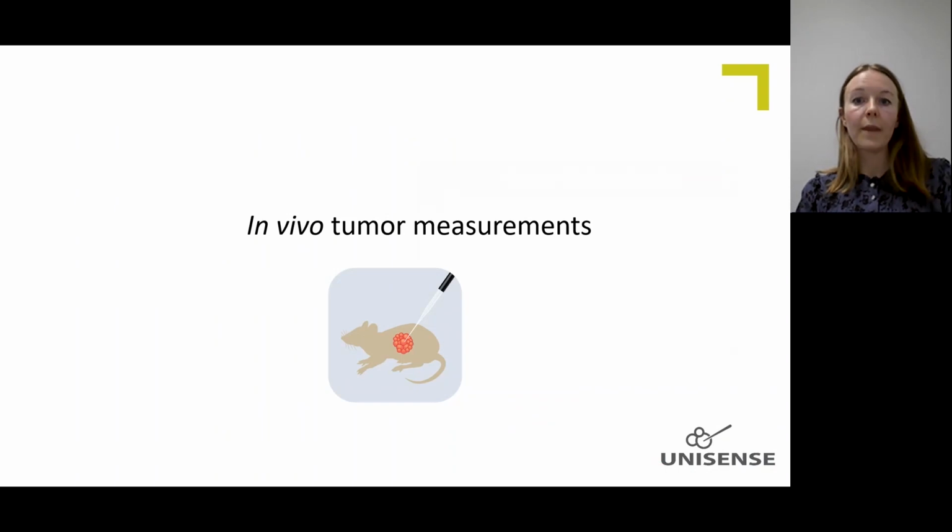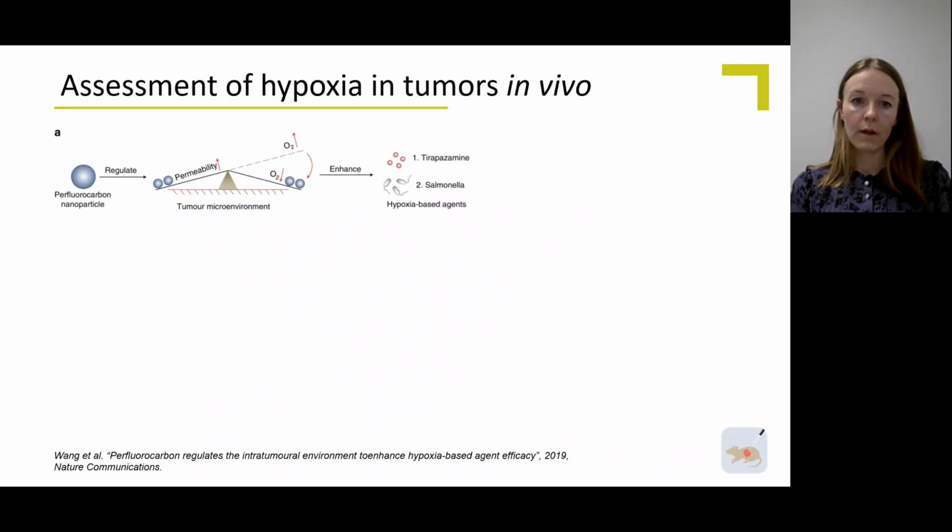Okay, now I will show you 2 studies that use the microsensors to measure in tumors in vivo. This is a study where the researchers used the oxygen microsensor to measure inside the tumors of mice in vivo. And in this study, the researchers looked at these perfluorocarbon nanoparticles to enhance the efficiency of hypoxia-based drugs.